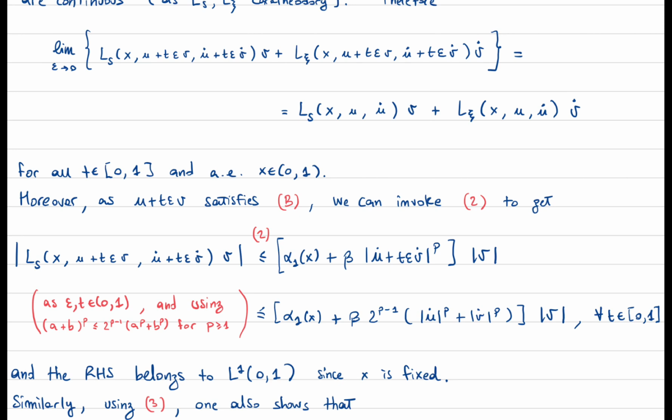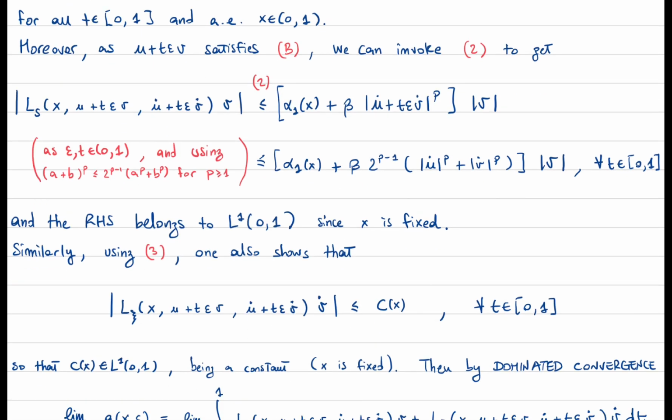Now we notice that the right hand side, so this whole function here, belongs to L1(0,1) with respect to t, because x is fixed and basically this is a constant. There is no t involved, so it does belong to L1 being a constant. Now we estimated this first term, and we showed that it can be bounded by an L1 function of t.